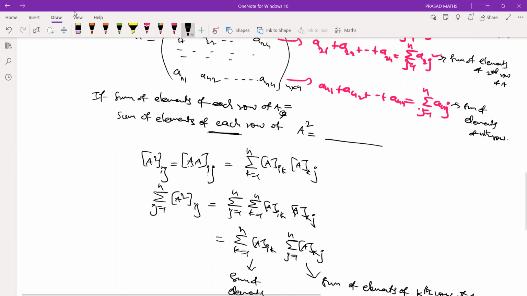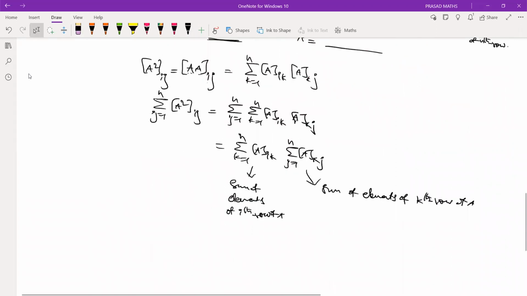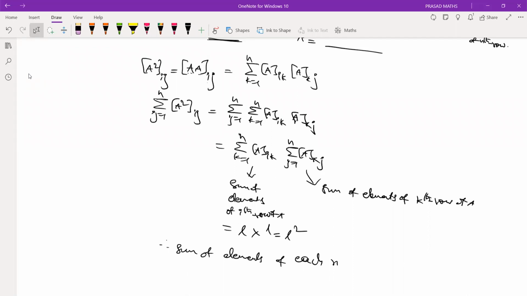You can take P, or else some L notation. The sum of elements of the ith row of A is L, and the sum of elements of the kth row of A is also L. So L into L, L square, is the sum of elements of each row of A square.